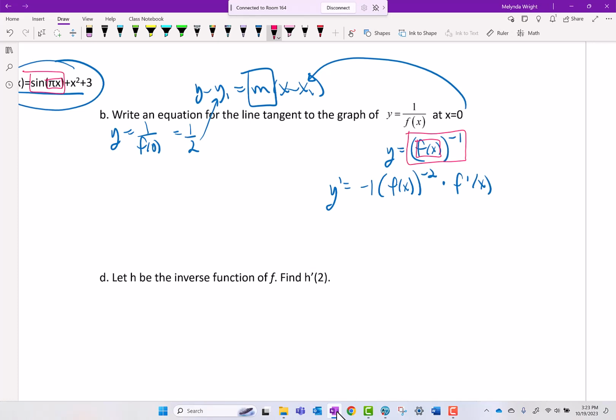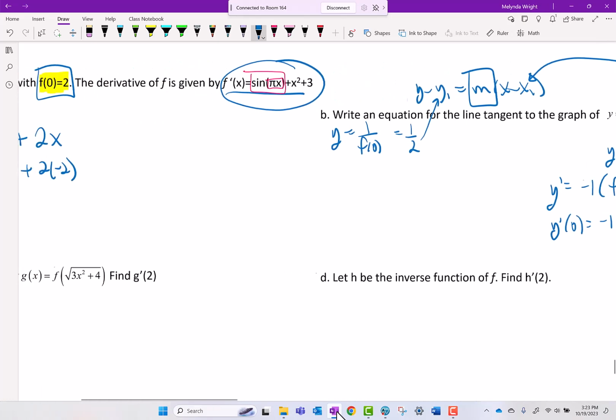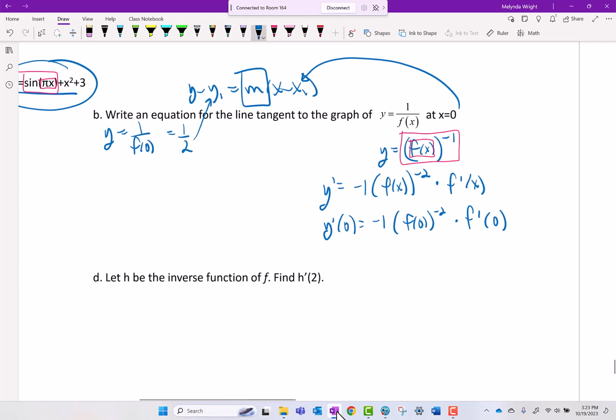Okay, I need y prime of 0. So negative 1 times f of 0 to the negative 2 times f prime of 0. We know what f of 0 is, right? Didn't they tell it to us? F of 0 is 2.